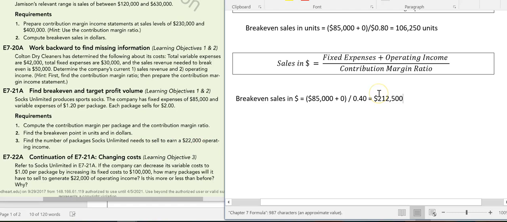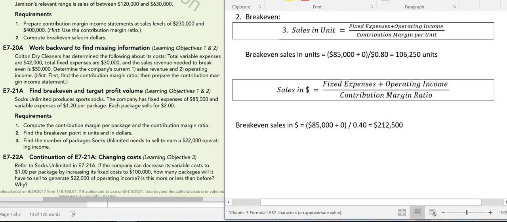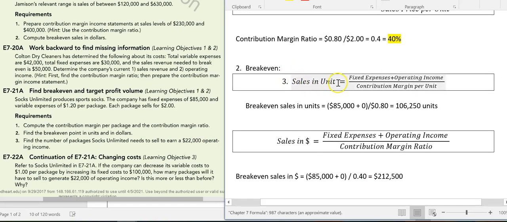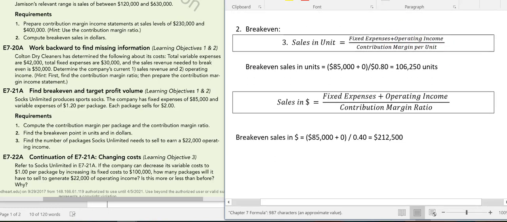Right, so we will use the same formula we used here, sales in units, but now it's not for the break even, it's for a certain target profit, and we know the target profit we want to earn is $22,000. So instead of plugging in 0, we will write down 22,000 as our operating income.